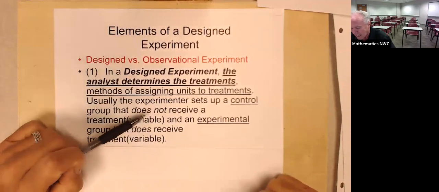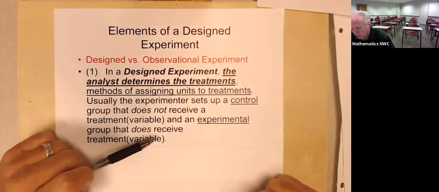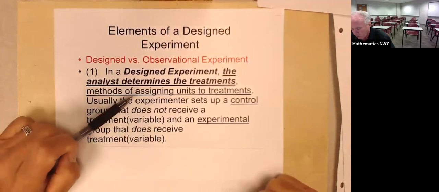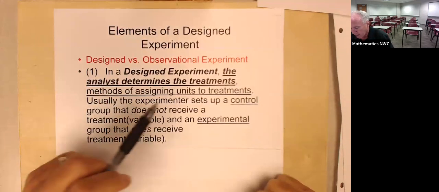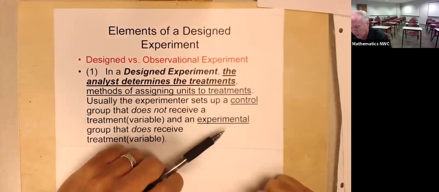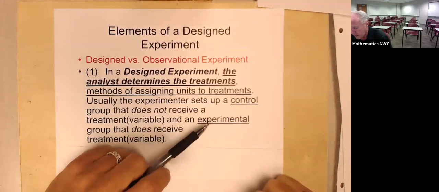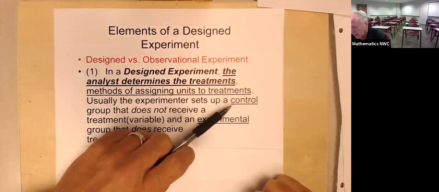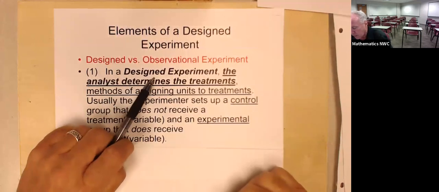One group would get the drug, the other group would get just some type of placebo. We're very intentional about assigning one group the experimental drug. The other group gets a type of placebo. They're referred to as the control group. They would not get the drug. We would then look at the results of how the drug affected the experimental group, but did not affect the control group. That's a designed experiment.